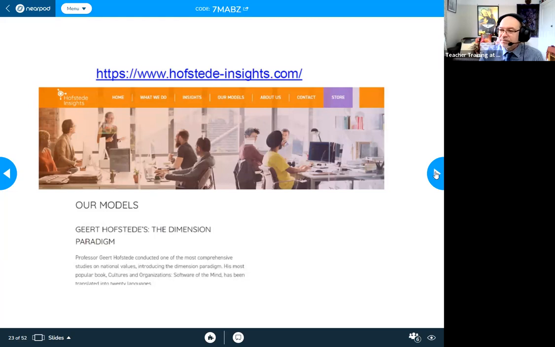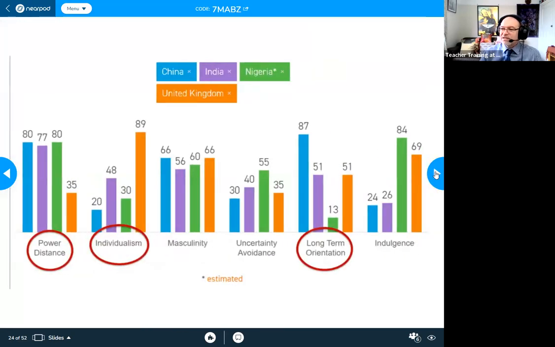But these are the ones that Professor Vijay looked at in terms of how it will impact in the teaching of GPs and doctors in hospitals. He picked on 3 in particular to look at where the differences are quite large. And this is not comparing all countries, of course. We're just restricting this to China, India, Nigeria, and the United Kingdom.